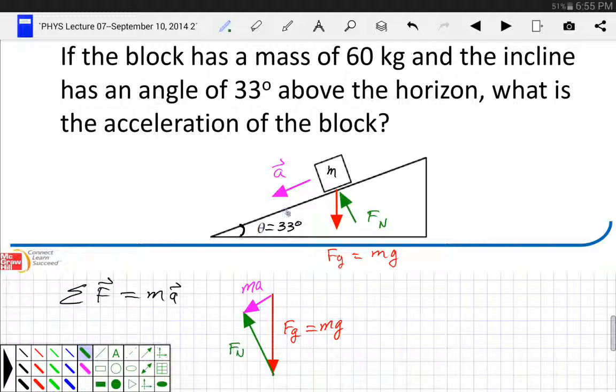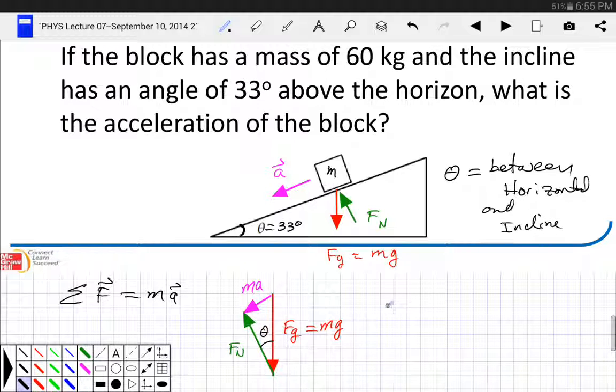Once again, I have an angle. This angle is 33 degrees. The trickiest part for this is which angle in this triangle is that 33 degrees? And the simple answer is it's this one. This here is my angle theta, the same as that. Now, how do I get that? Notice here that theta is the angle between horizontal and the incline.